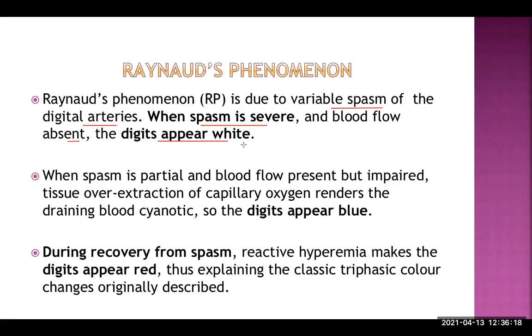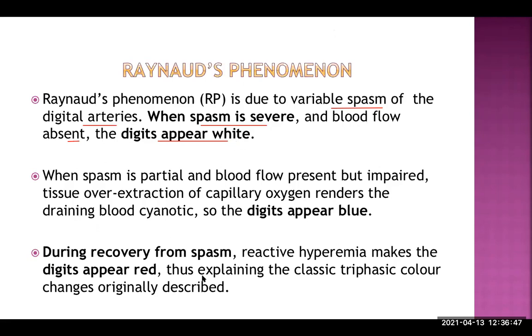After that, if it continues for a relatively longer period, that site becomes blue because it develops cyanosis. And third, when the patient recovers from this spasm, suddenly a brisk amount of blood flow occurs there. Then that area looks red. So, one after the other: white, blue, and red.